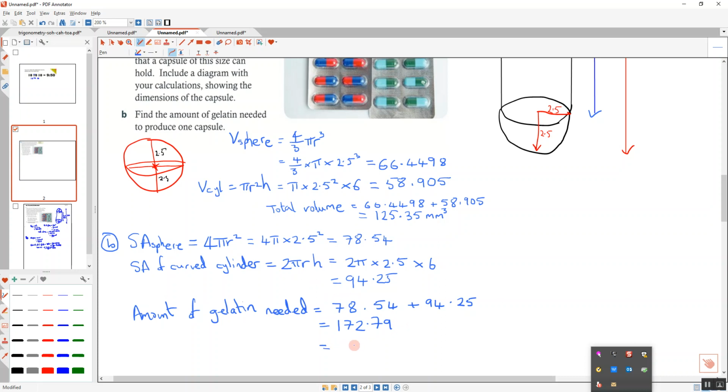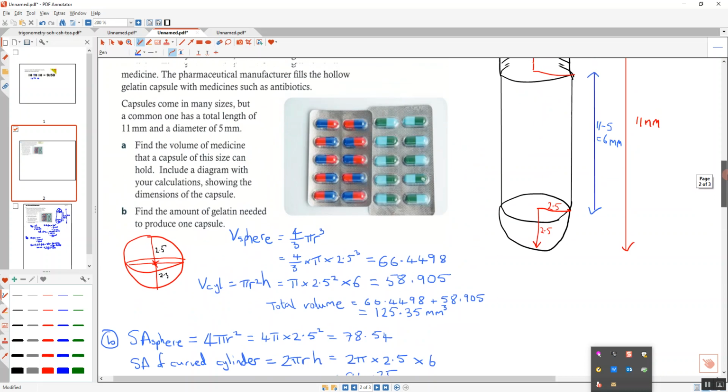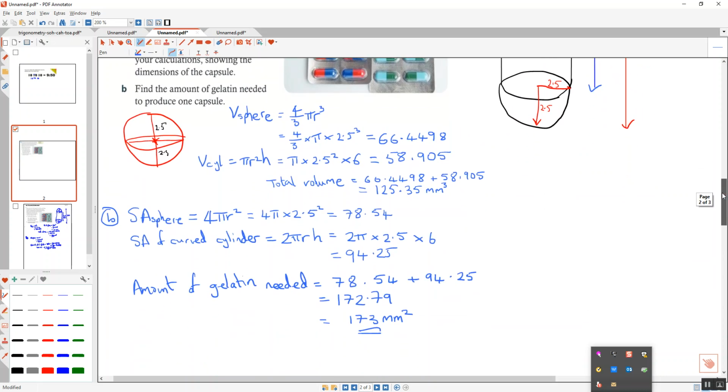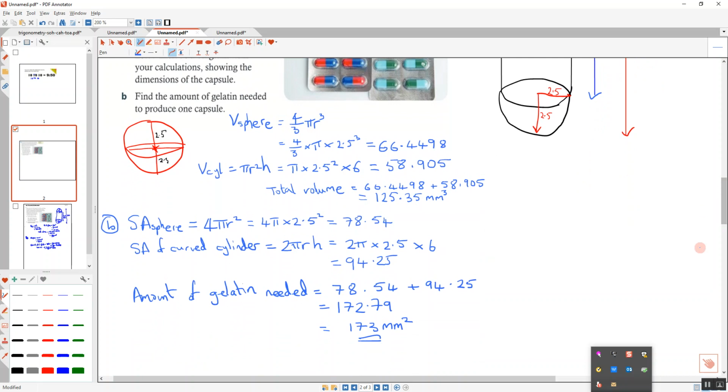If we round that to the nearest millimeter squared, 173. If you have any questions on any of that, please give me a shout, send me an email, come see me. Hopefully that was helpful.